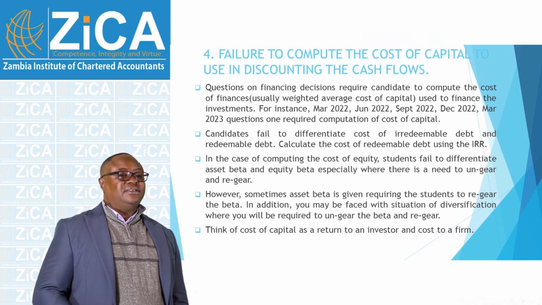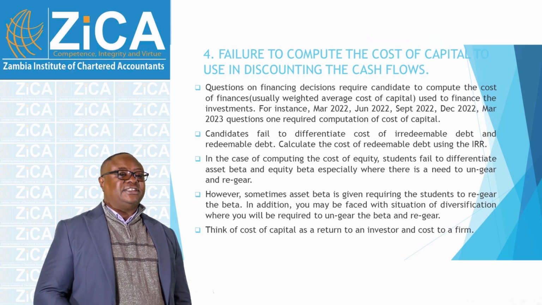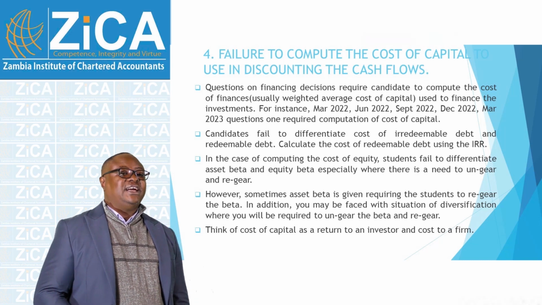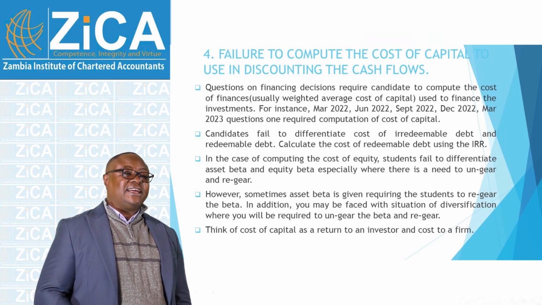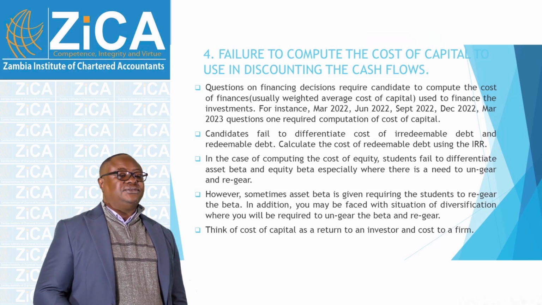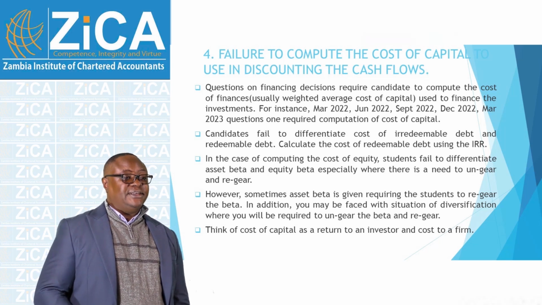And for an irredeemable debt, basically you just be looking at your interest rate that you are receiving, which is your interest rate after tax. Then you divide it by the market value of debt, and you get your cost of debt. It's as simple as that. In the case of the cost of equity, you are required to use two methods: dividend valuation model or capital asset pricing model.